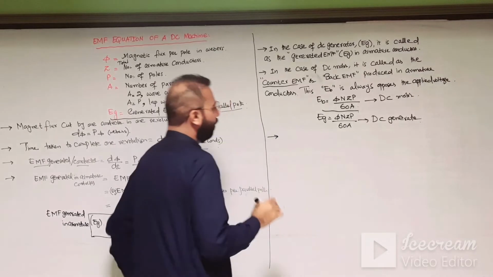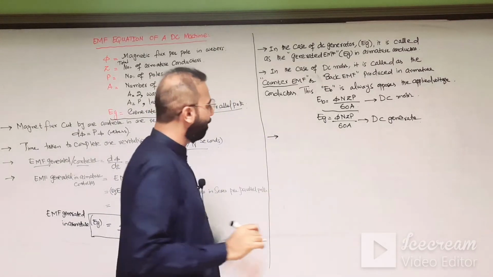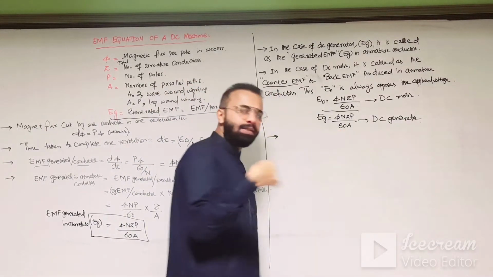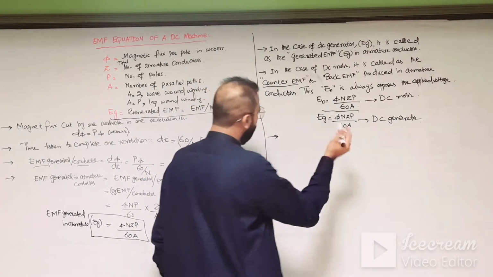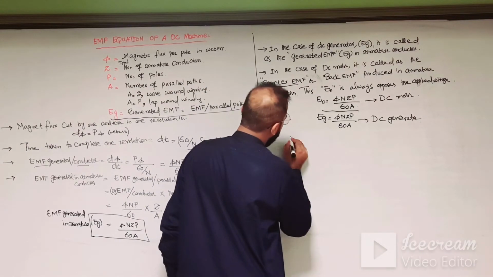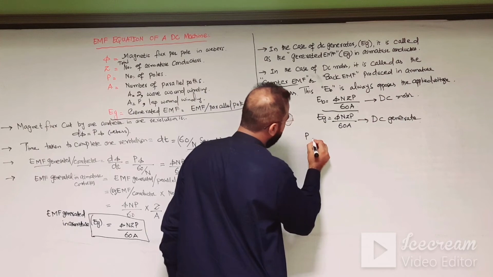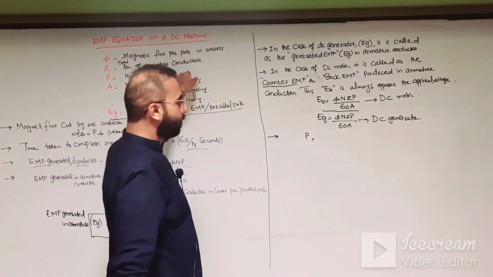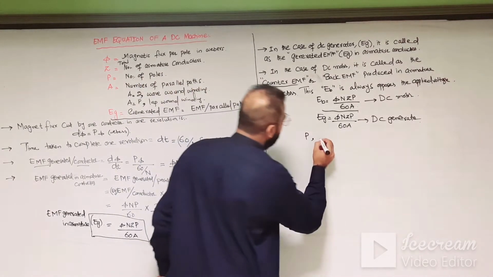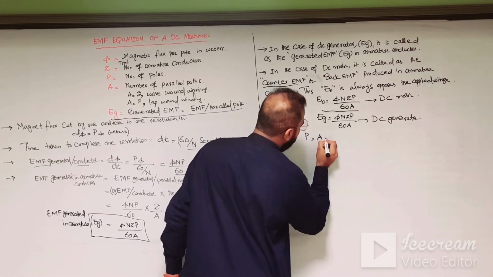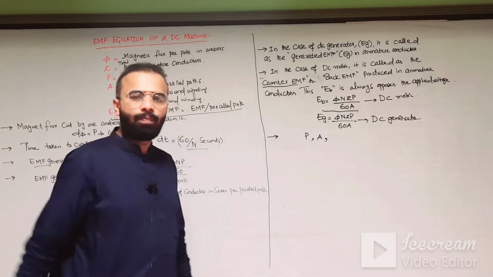Now from this equation, some parameters are constant. P is the number of poles, and A is the number of parallel paths.